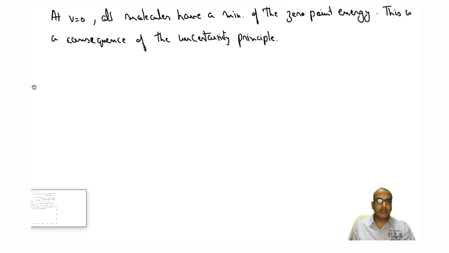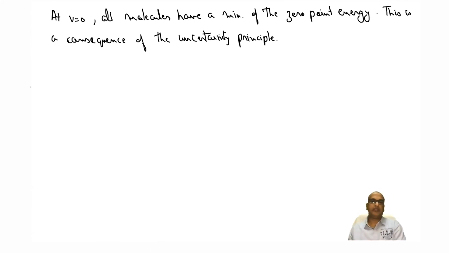Also, when these vibrations are happening, the molecule is still rotating, even though you will not observe a pure rotational spectrum for a molecule which does not have a dipole moment. The molecule is still rotating, right? It has some energy, so it will keep on rotating. So you will never observe a pure vibrational spectrum in itself.